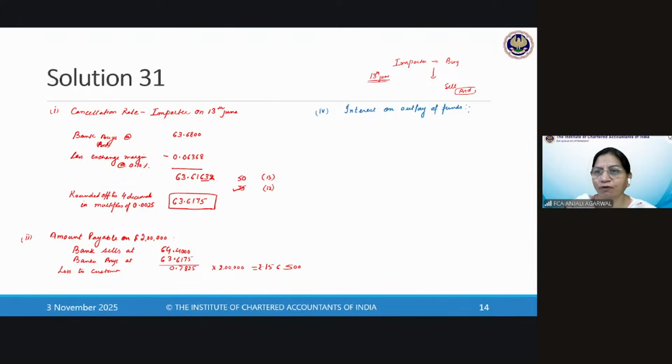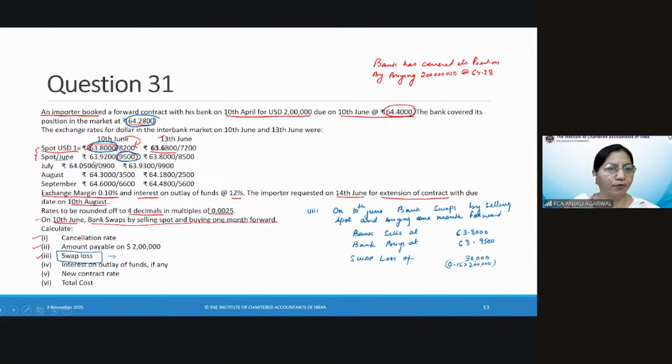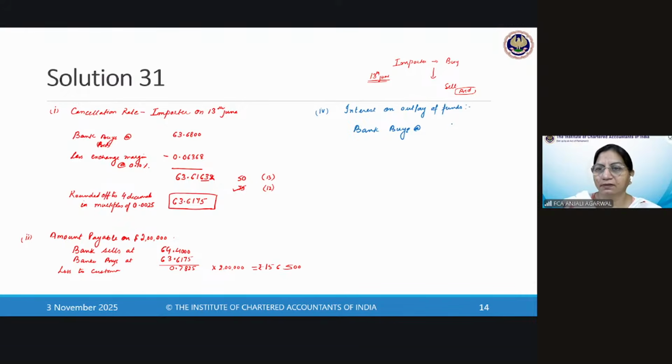Interest on the outflow of funds? 64.28. And it was able to sell at 63.80.